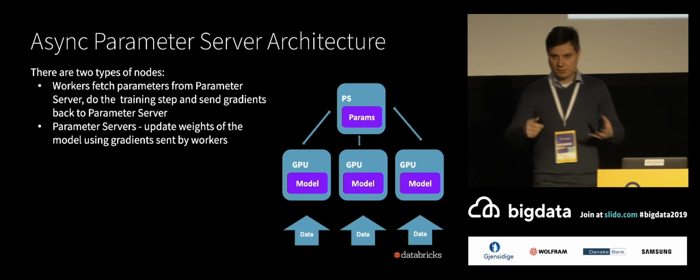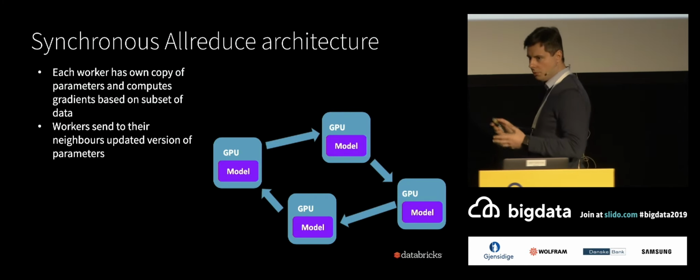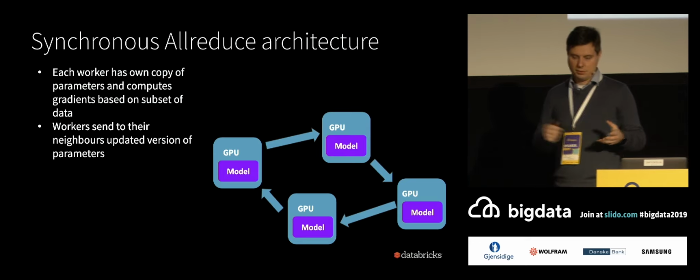So the better approach that I think now most of the deep learning libraries are starting to adopt is called synchronous all-reduce architecture. With this approach, we cannot add or remove nodes during the training.